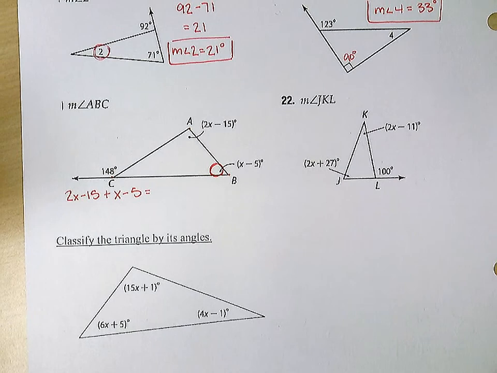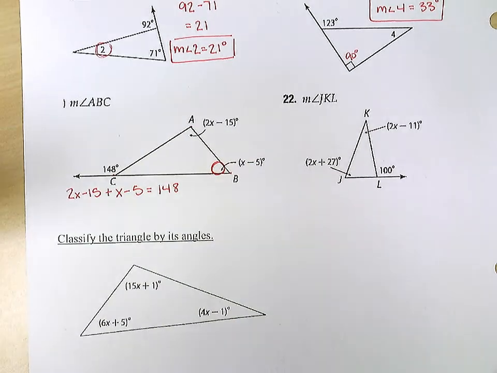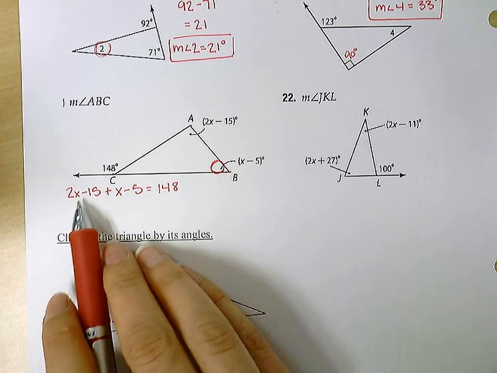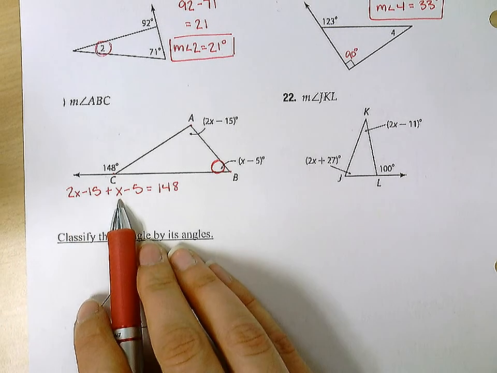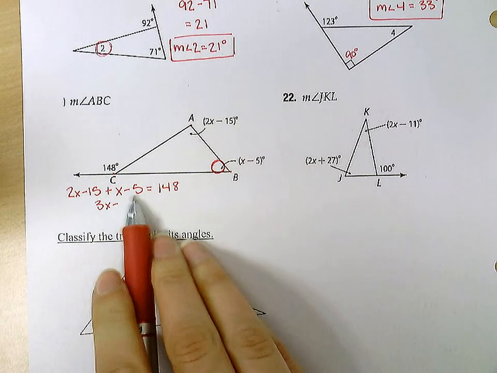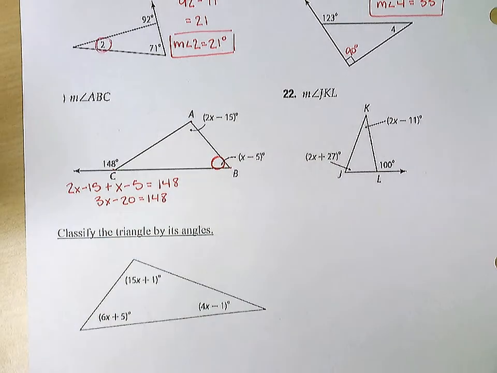And that'll be equal to your exterior angle, and that's 148. So you can add together your two remote interiors, set it equal to your exterior. I'm going to add like terms. So we have 3x minus 20 equals 148.